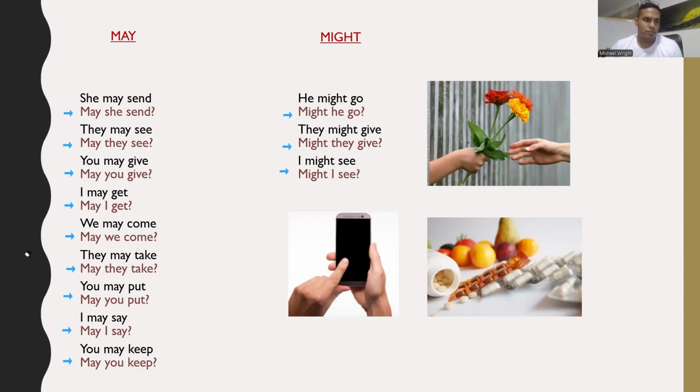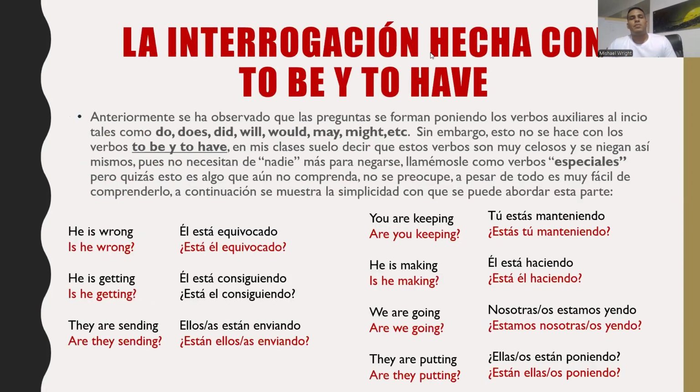Okay, so let's see what's next. So we have other questions that are designed just for the verb to be and the verb to have, right? So previously we have observed questions using do, does, which is present, right? This is going to be present. Past, that is did.